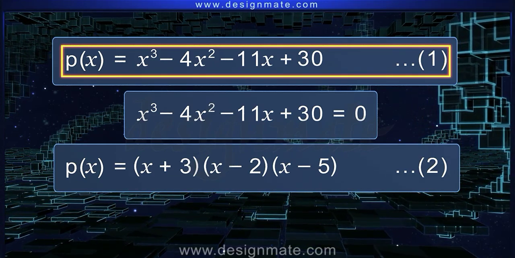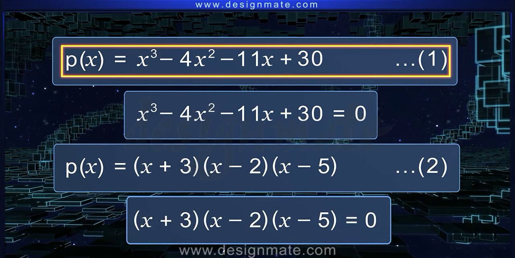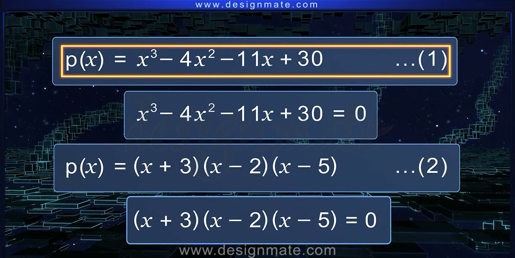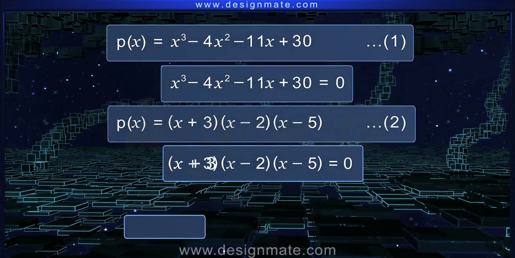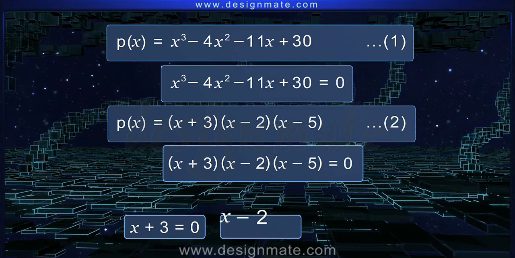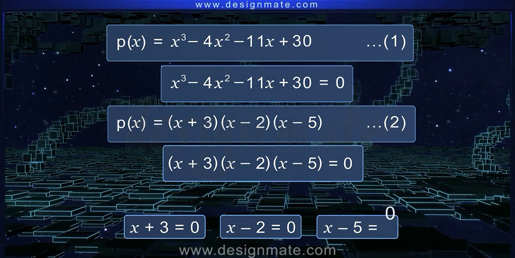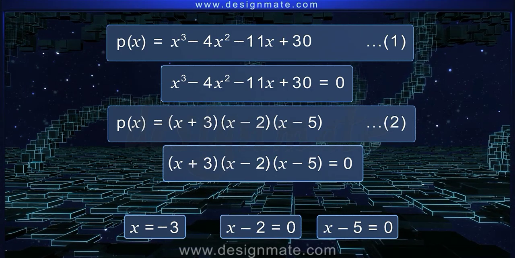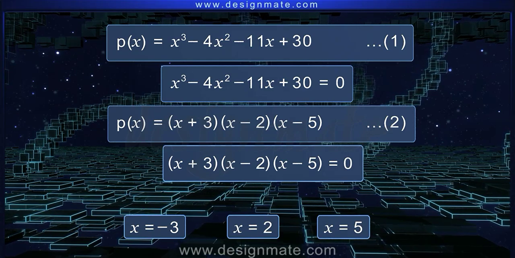Now solve p(x) = 0: (x + 3)(x - 2)(x - 5) = 0. From equation 2, by the zero product property, either x + 3 = 0 or x - 2 = 0 or x - 5 = 0. Thus, either x = -3 or x = 2 or x = 5.